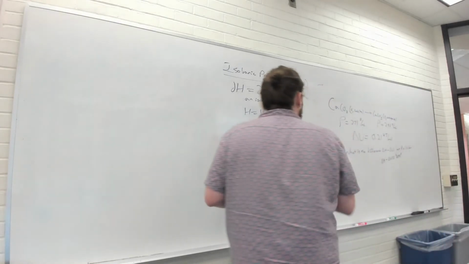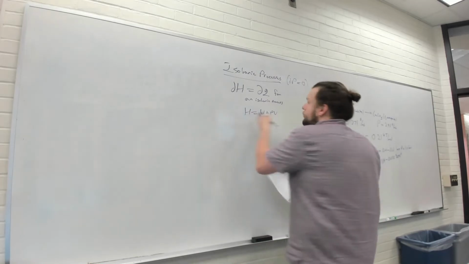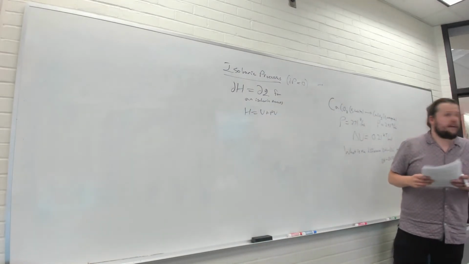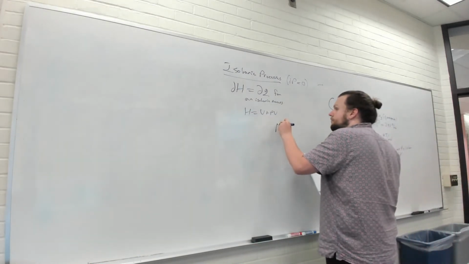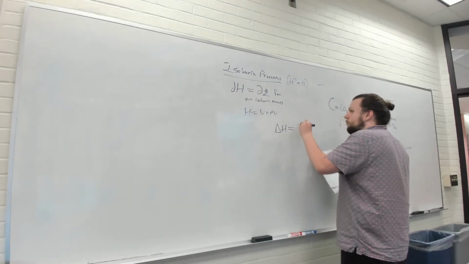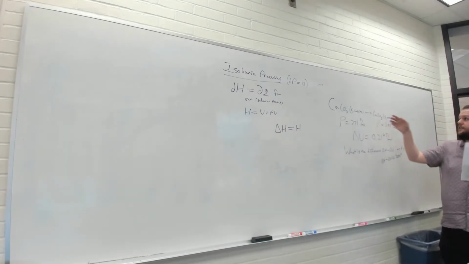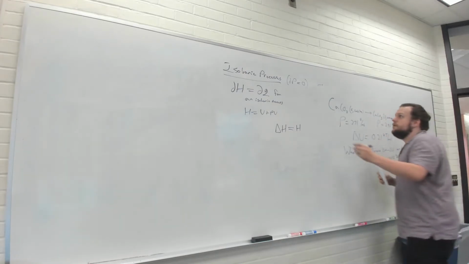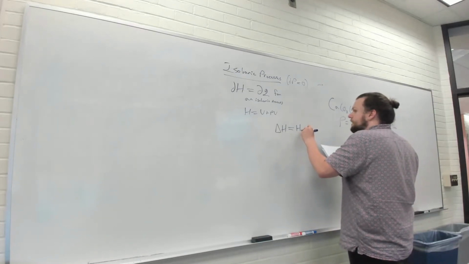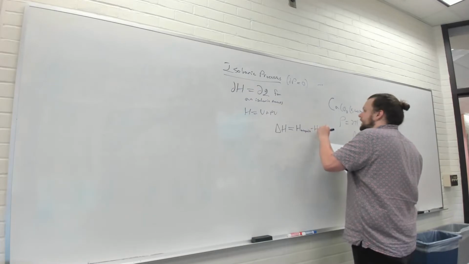So let's work this problem out. All we have to do is apply this definition. Because H is a state function, delta H is the enthalpy of the product minus the enthalpy of the reactant, the final minus the initial. So we take the enthalpy of aragonite and subtract the enthalpy of calcite.